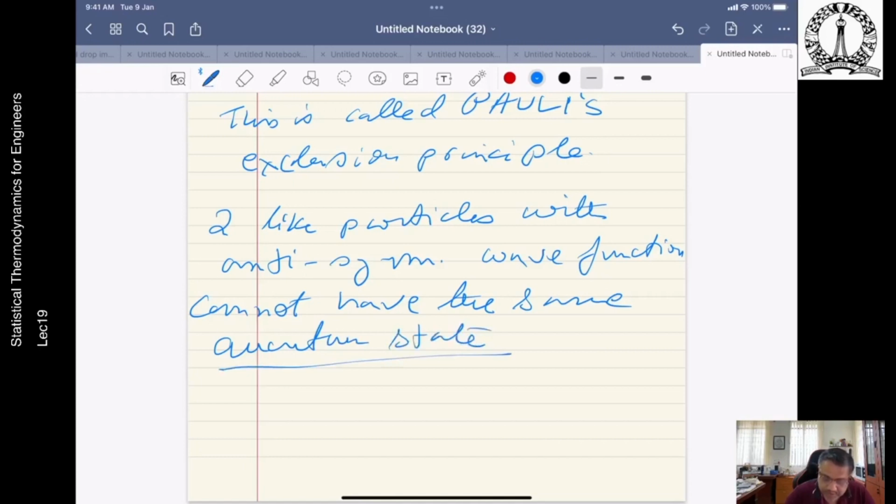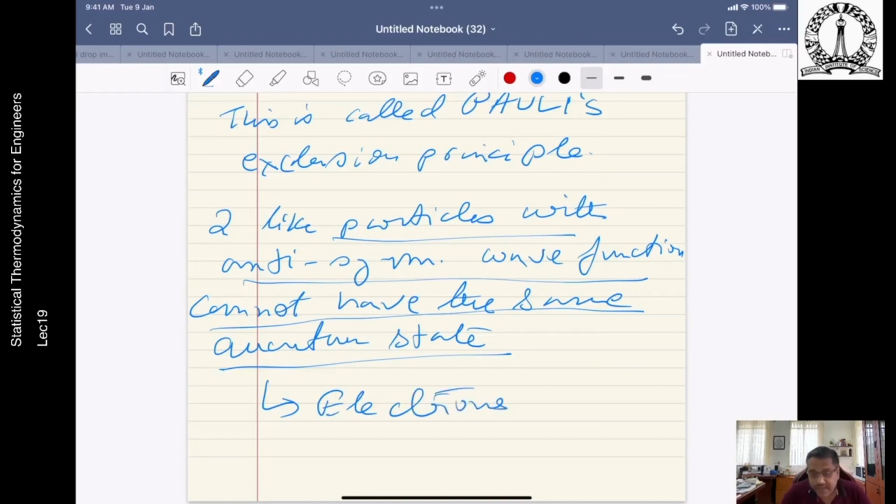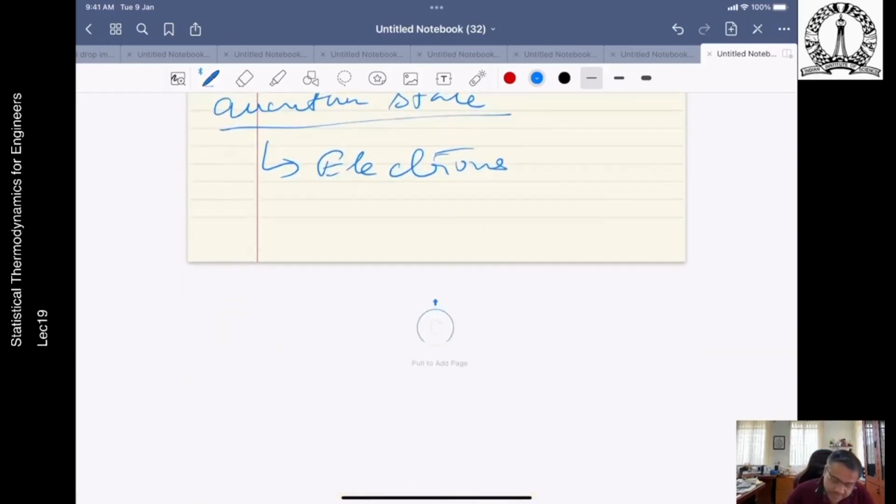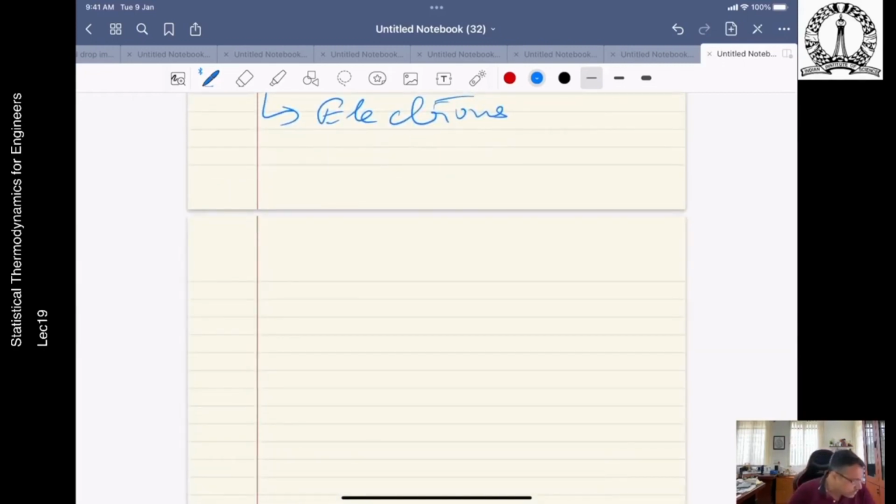This you probably read in your 12th standard and your undergraduate. So this is essentially what it means. Such particles, for example electrons, have an anti-symmetric wave function, and therefore they cannot have the same quantum state. And we will see how the spin and other quantum numbers come naturally out of this.